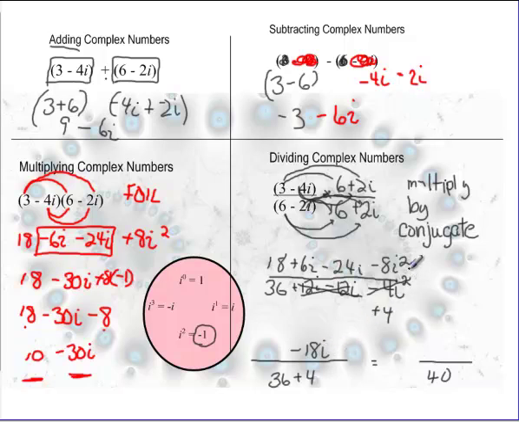But remember, I have my i squared over here, and i squared is really a negative 1. So this turns into a plus 8. So now I have a real number, which with this real number gets me 26. So I have 26 minus 18i, but I'm not done because it has to apply all the rules. So 26 minus 18i over 40.